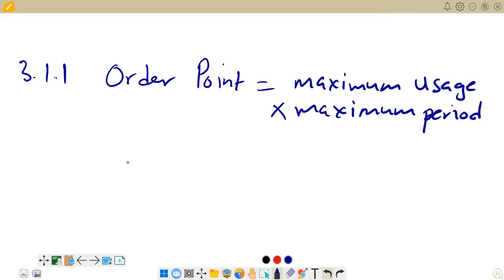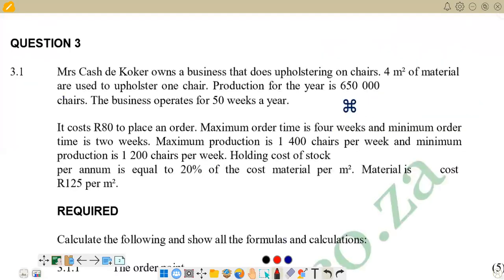So what we're going to do first, we are going to try to calculate the figure for maximum usage. So we go back to the question, to find what figure we have for maximum usage. On the maximum usage now, we are told that maximum production is 1,400 chairs per week. But if you go up there, you'd see that we have 4 meters squared of material being used to upholster one chair.